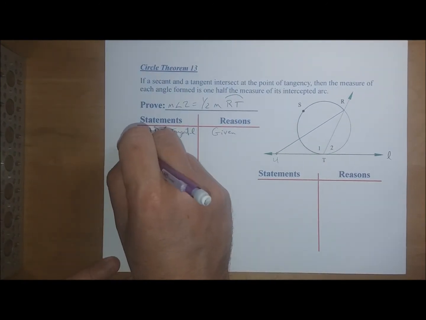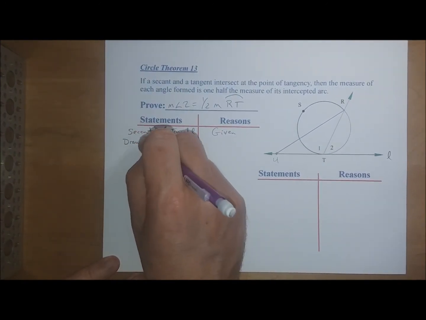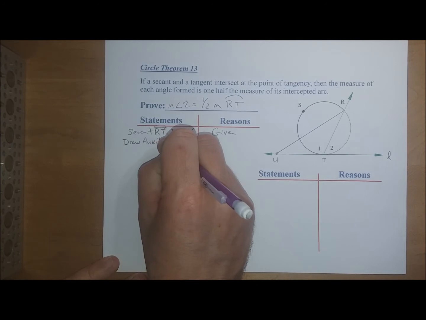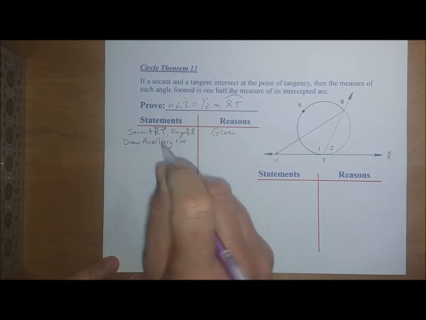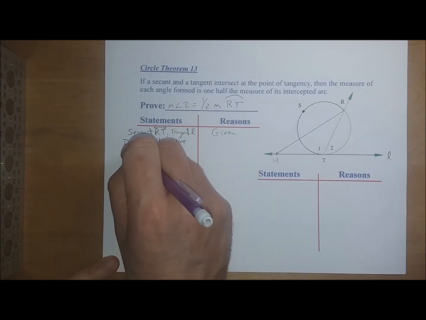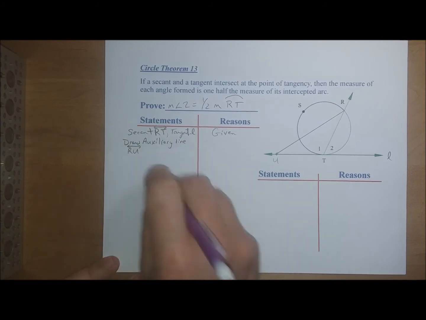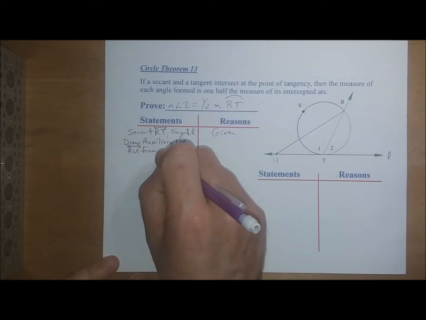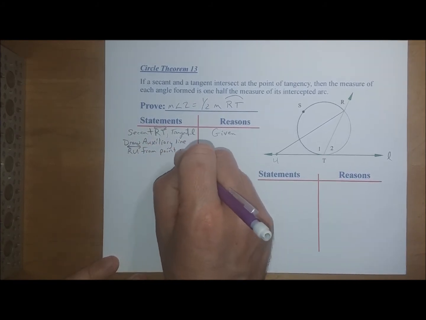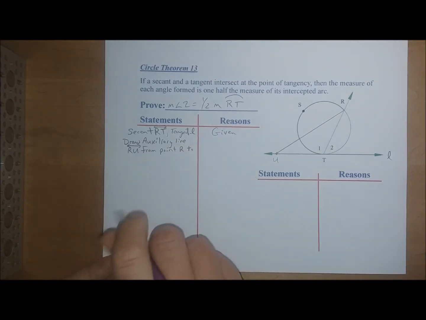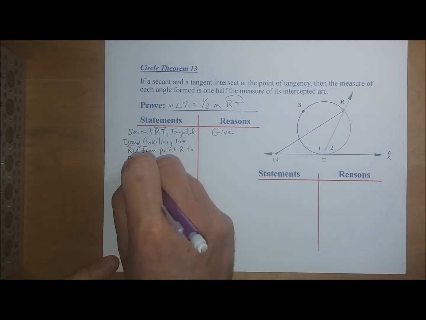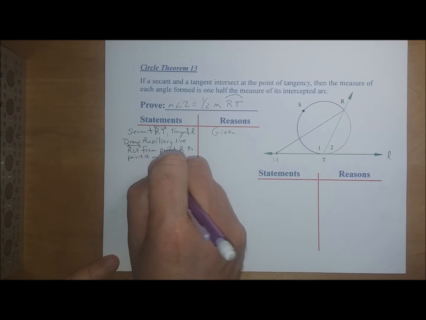So I'm going to draw auxiliary line RU from point R to point U on tangent L.